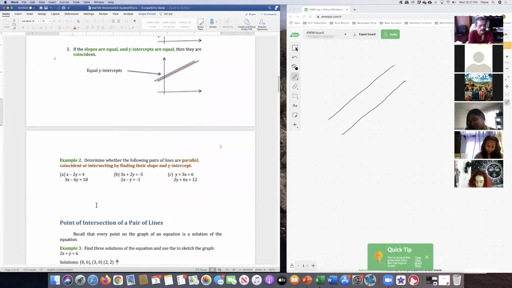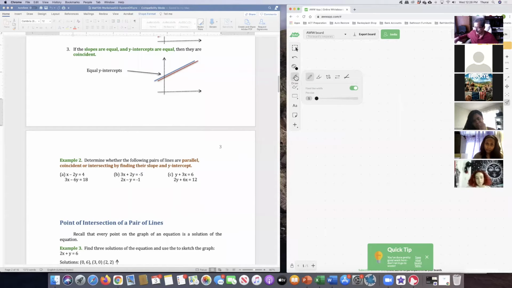Okay, so let's do an example. This problem says determine whether the following pairs of lines are parallel, coincident, or intersecting. I'm going to do just one of those, part B. So let's clear the screen. What we need to do is find slope and y-intercept.